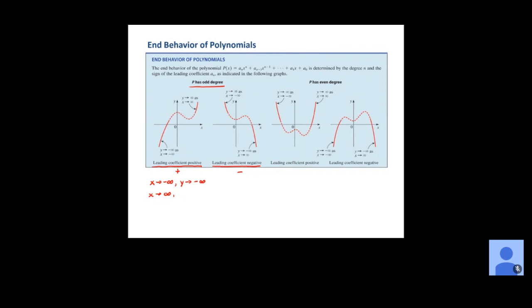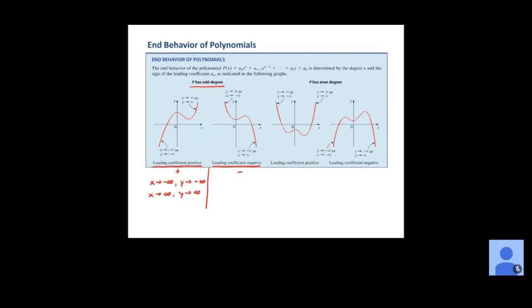Because all we really care about is to the far right-hand side of this graph, what's happening to those y values. So as x goes towards infinity to the right, the y value is going up towards positive infinity also, right? So this is y approaches positive infinity. Okay, so that's how we would describe the end behavior of that first graph now. As x goes to negative infinity, y goes to negative infinity. As x goes to positive infinity, y also goes to positive infinity.